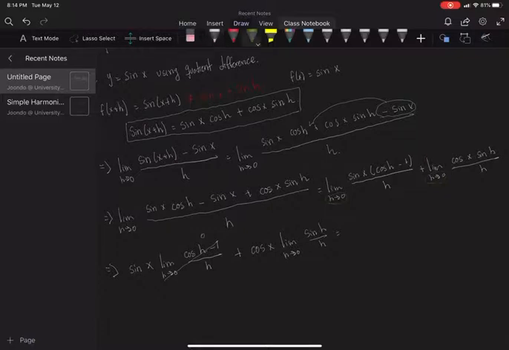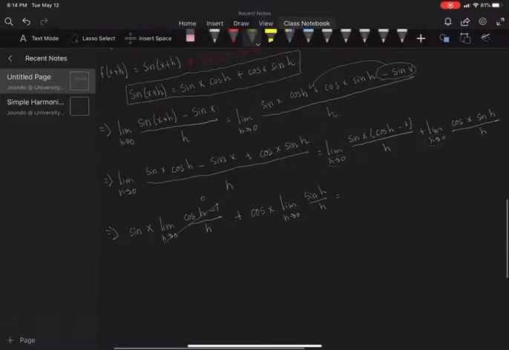You have to recall from Calc 1 that the limit as h tends to 0 of sine h over h is just 1. So this is going to be cosine x. So we can prove that the derivative of sine x is cosine x.